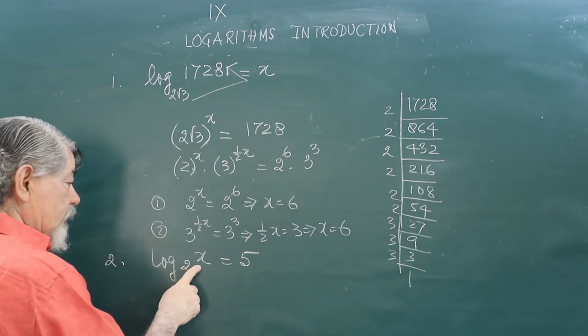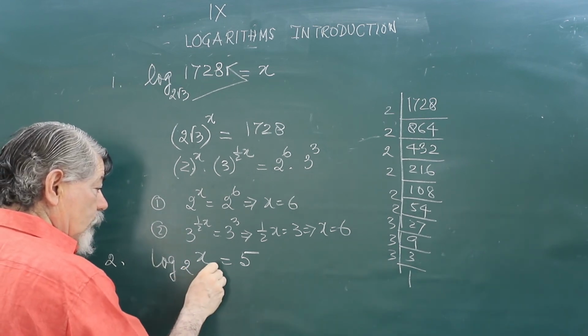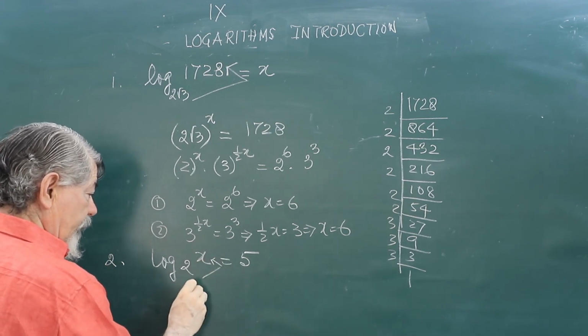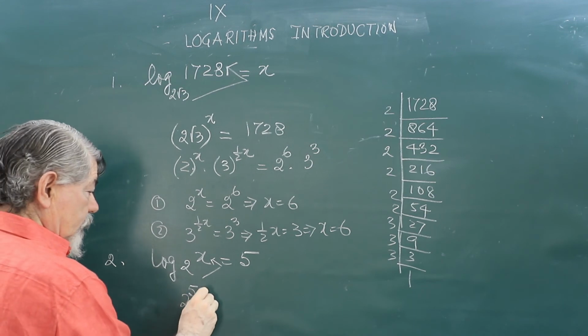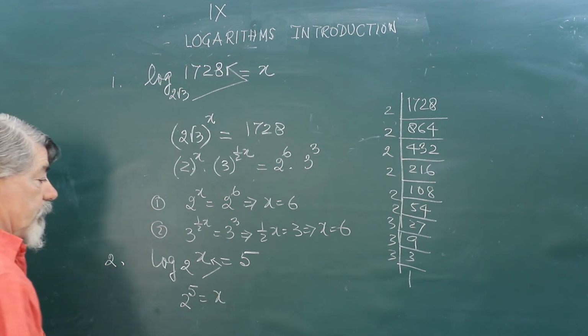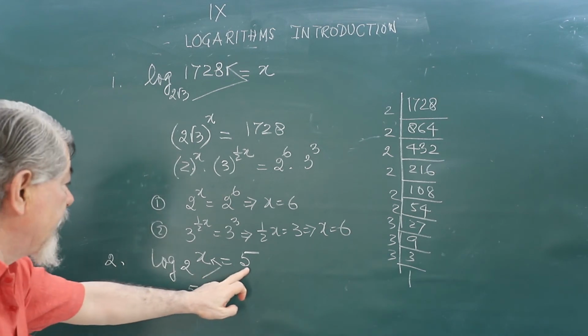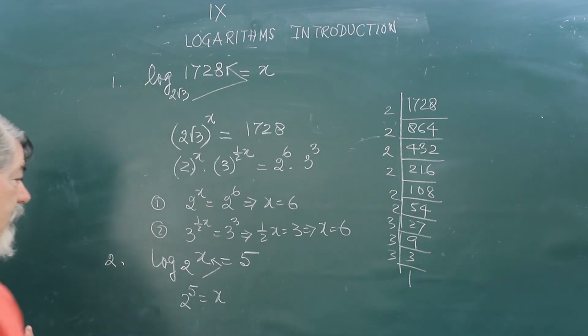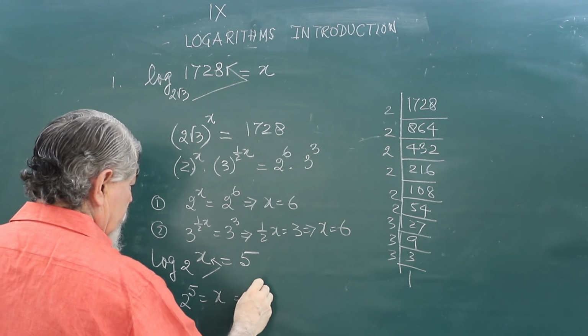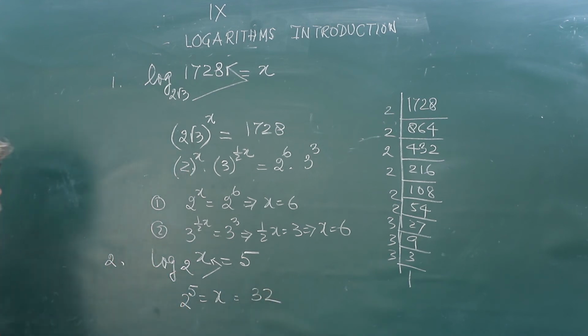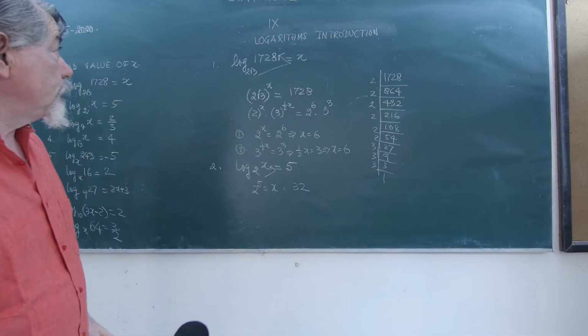Log x to the base 2 is 5, so I'll write 2 to the power 5 is equal to x. So x is how much? 32. 2 to the power 5 is 32. So the value of x is 32.